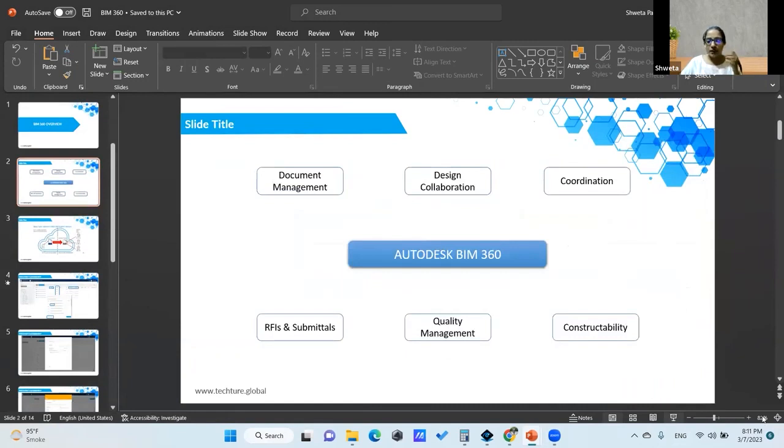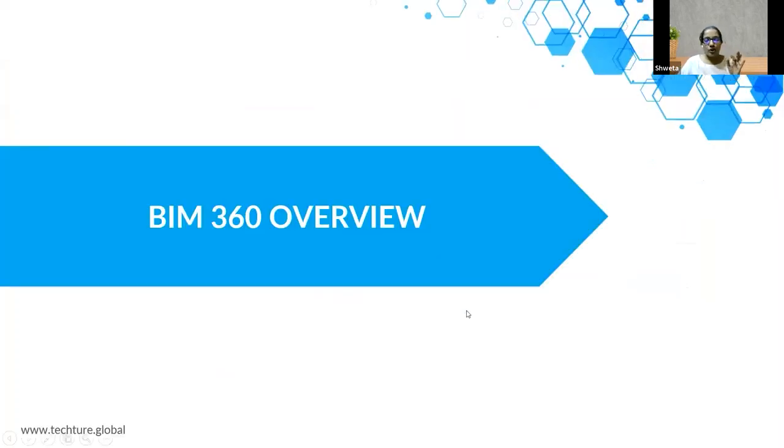So there are various common data environments which are used in the industry, but one of which is widely used, and it's great when you know how it functions. So that is Autodesk BIM360. Now it is also called Autodesk Construction Cloud. So whenever you talk about BIM, Autodesk products always come into the picture, because that is something that everybody has been using for quite a long time.